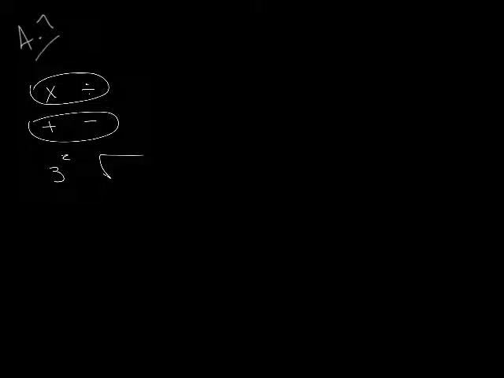If we have 3 squared, the opposite of that is a square root, or the reciprocal of that. The thing that undoes it is a square root. Just like division undoes multiplication, subtraction undoes addition, square roots undo exponents.